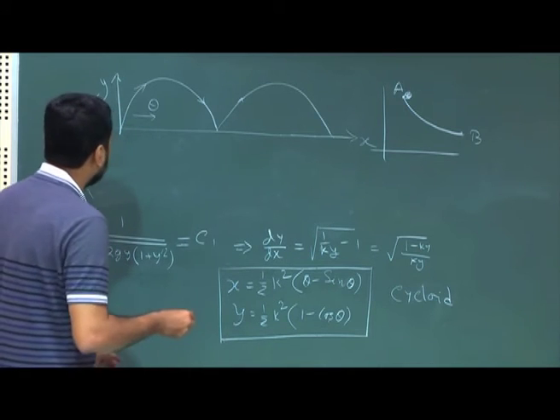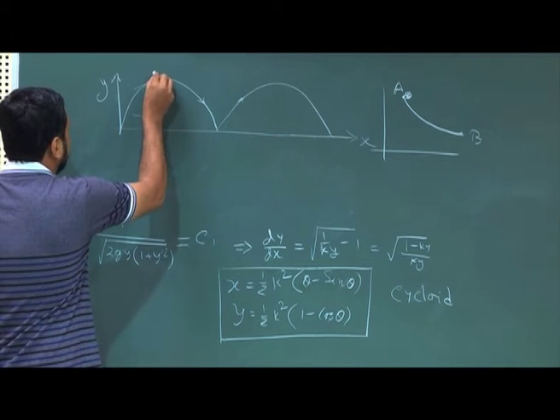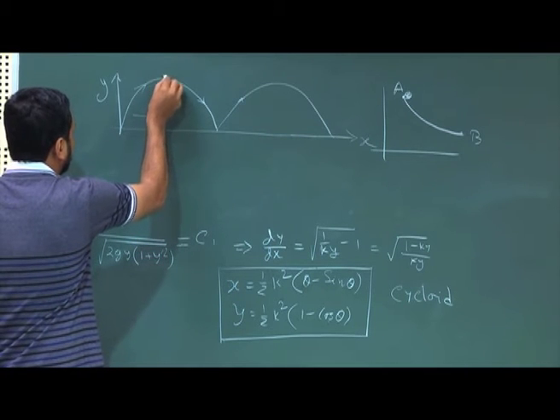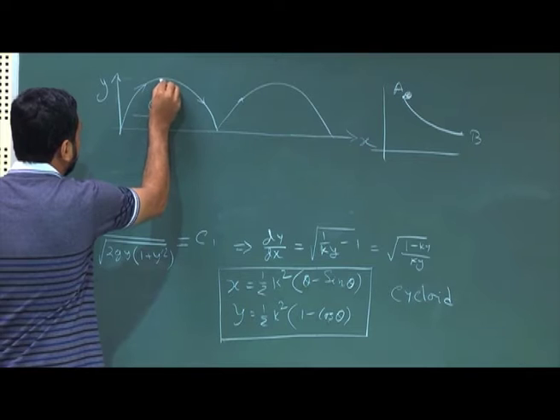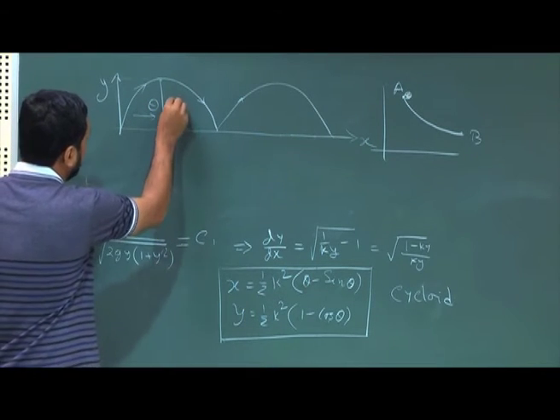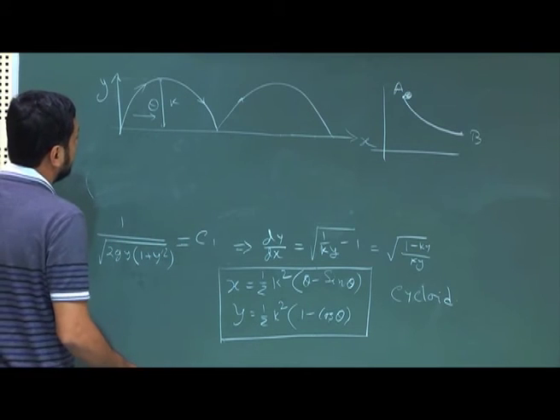What I mean by this is, let us assume that there is a wheel here of certain radius r, right. Let us say this height will be your k, I guess, right.